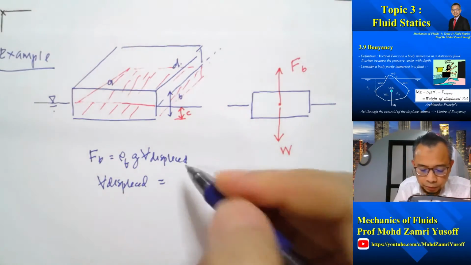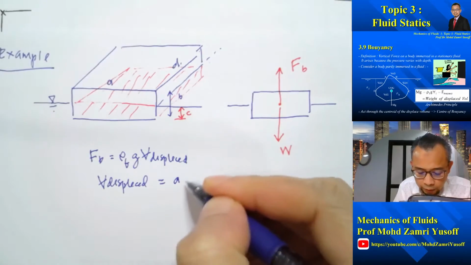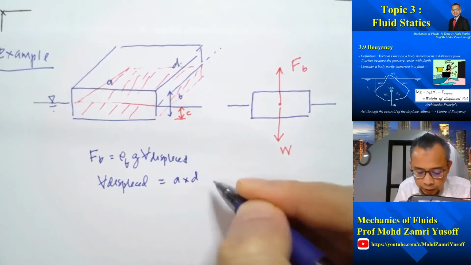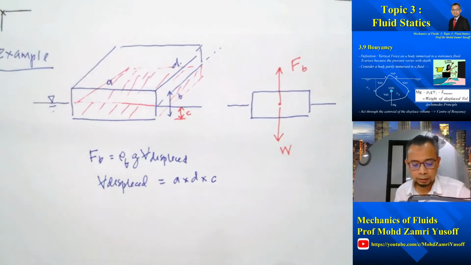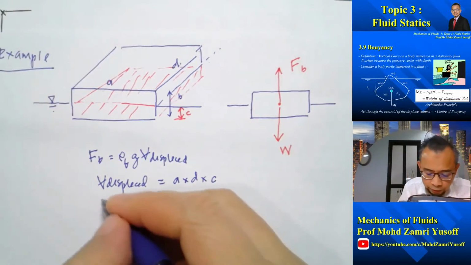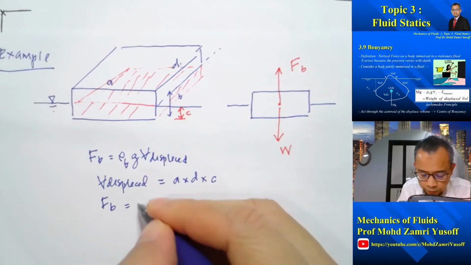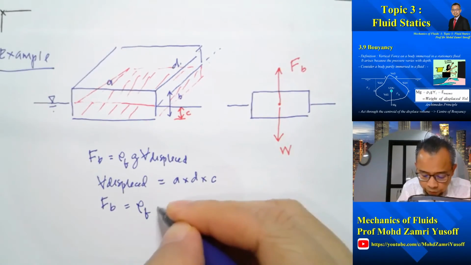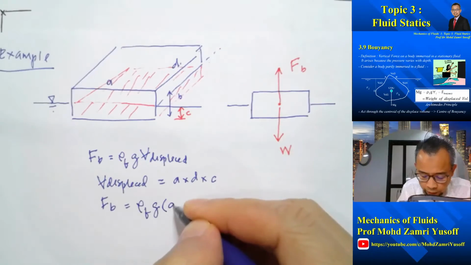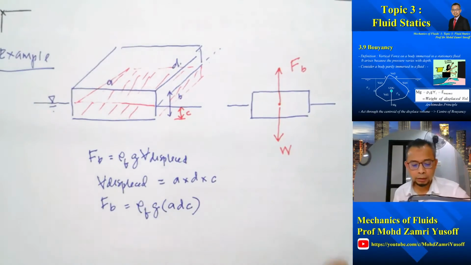That is equal to A times D times C. So F_buoyancy is equal to rho_f g A D C, acting upward.